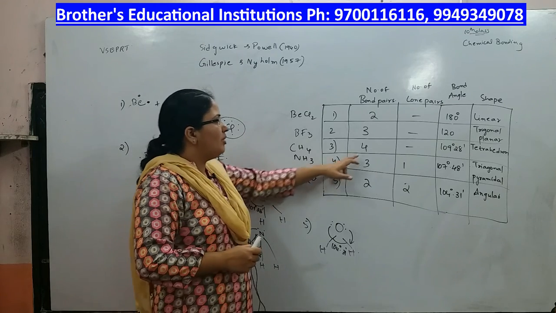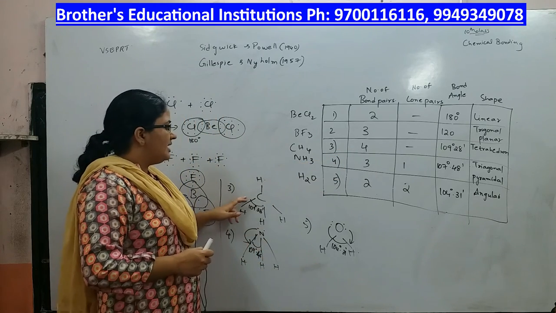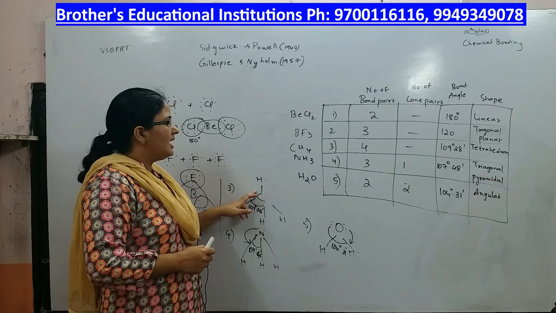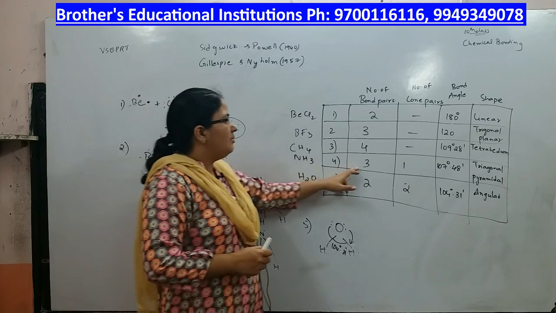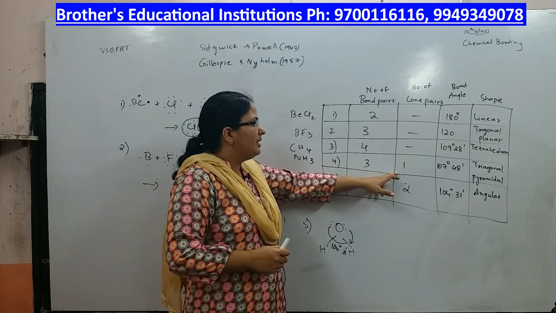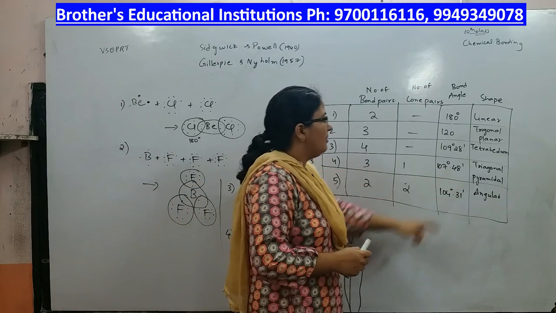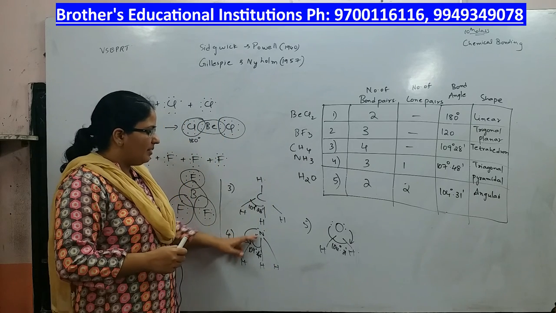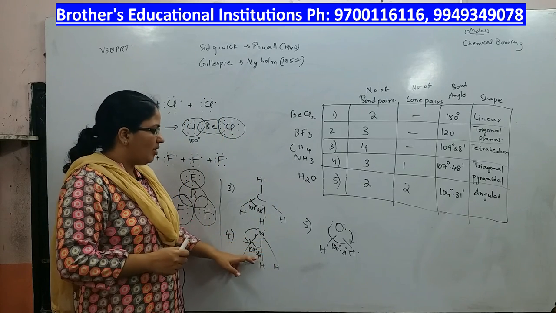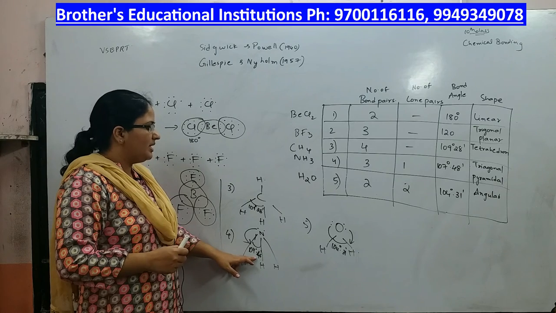If there are 4 bond pairs, the shape is tetrahedral, as in the case of CH4. If there are 3 bond pairs and 1 lone pair, the shape is trigonal pyramidal, as in the case of NH3, and the bond angle is 107 degrees 48 minutes.